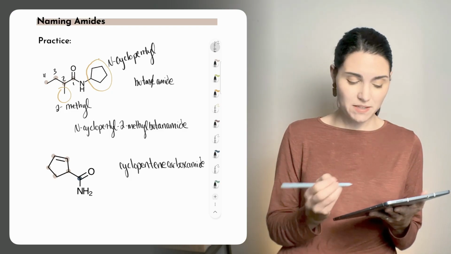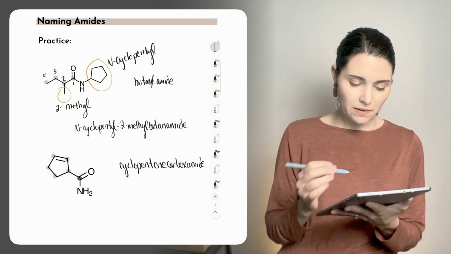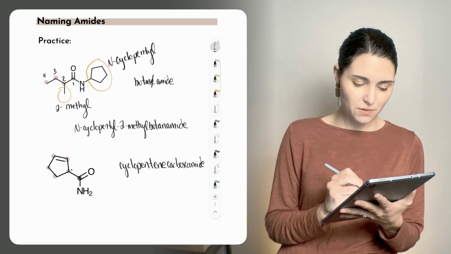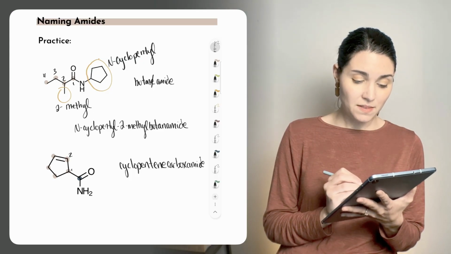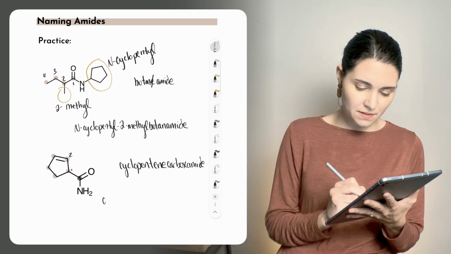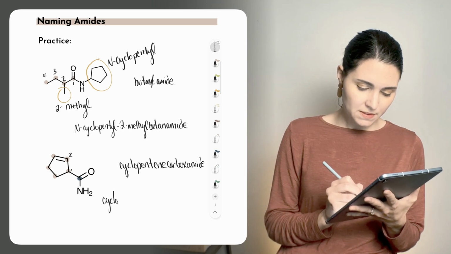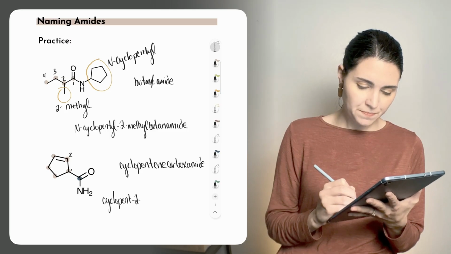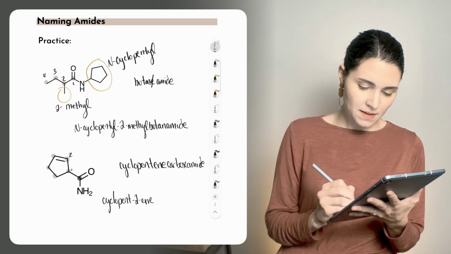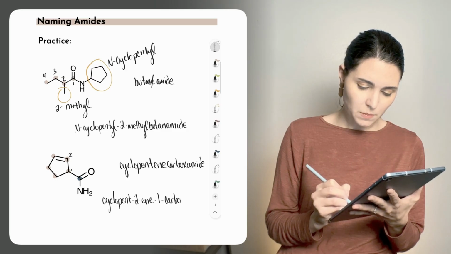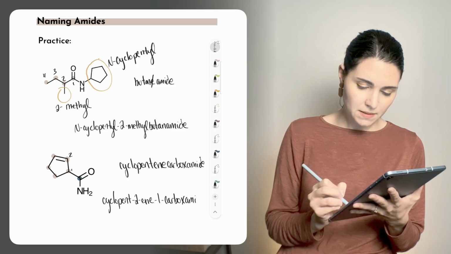Now we are going to number our ring, starting with 1 for where our amide functional group is. That means that the double bond starts on 2. So this would be cyclopent-2-ene-1-carboxamide.